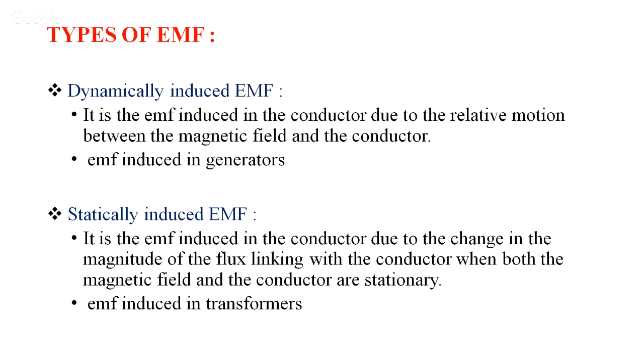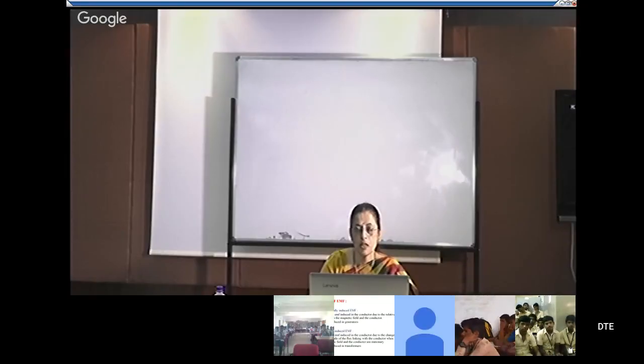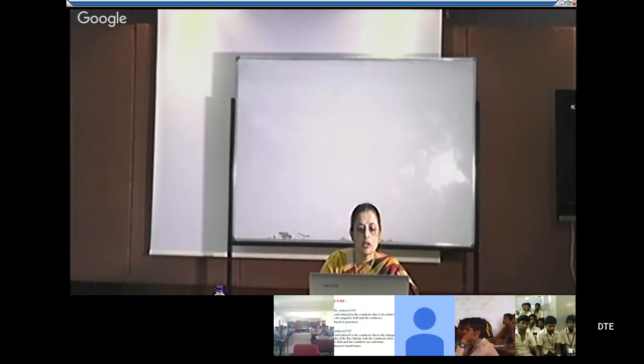There is no motion. Both of them are stationary. But there is a change in the magnitude of the flux linking with the conductor. An EMF induced in such a way is called statically induced EMF, and this is the type of EMF induced in transformers.